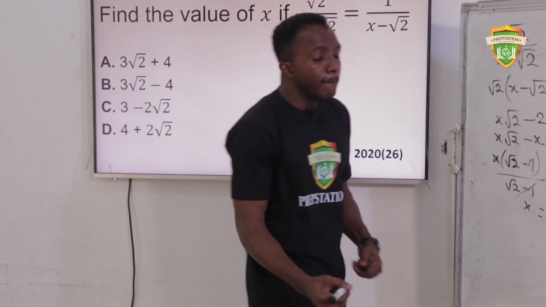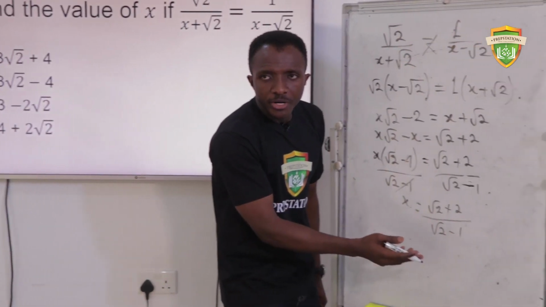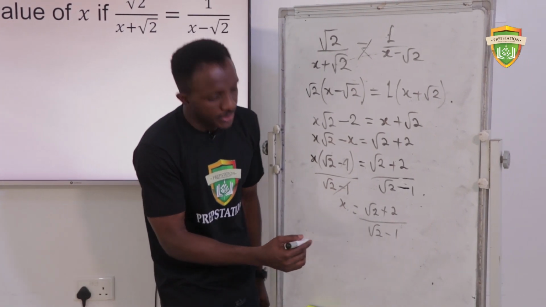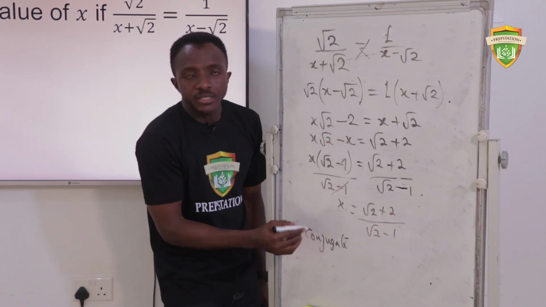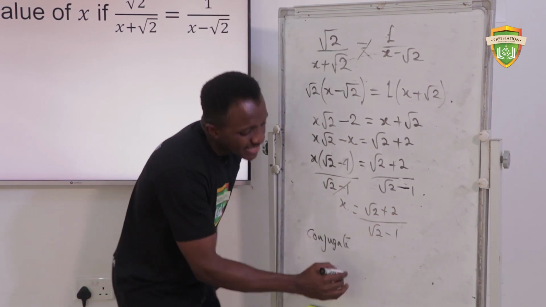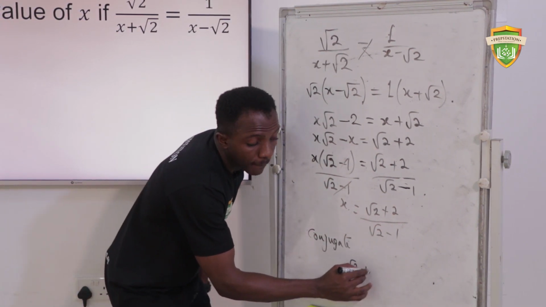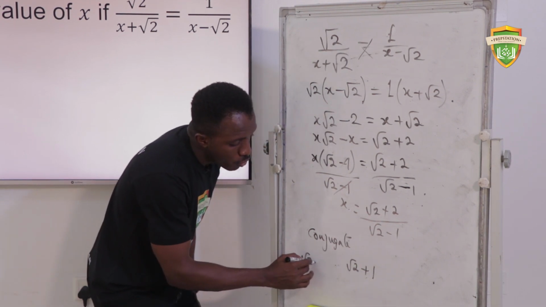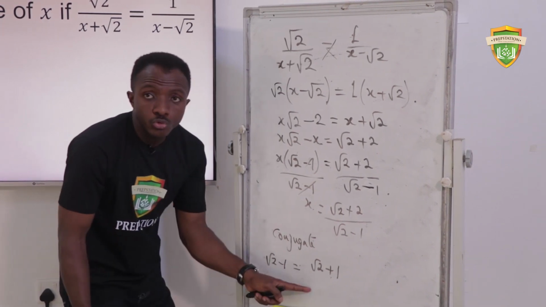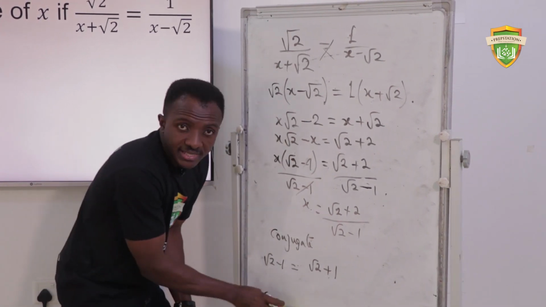We need to multiply the numerator and the denominator by the conjugate. The word is conjugate. The conjugate of this surd is simply root 2 plus 1. Take note of that. The conjugate of root 2 minus 1 is root 2 plus 1. Now the reverse is the case.